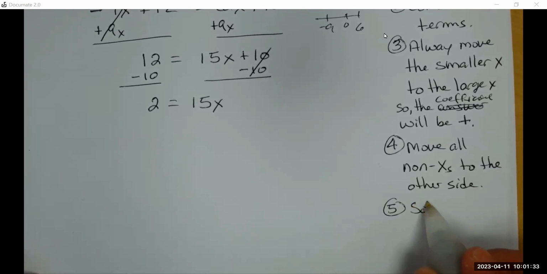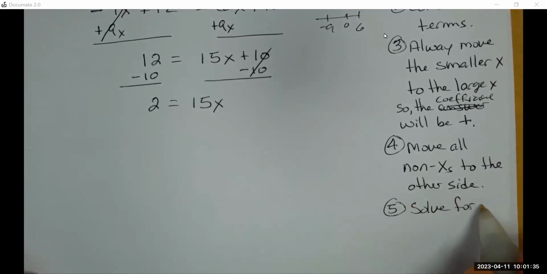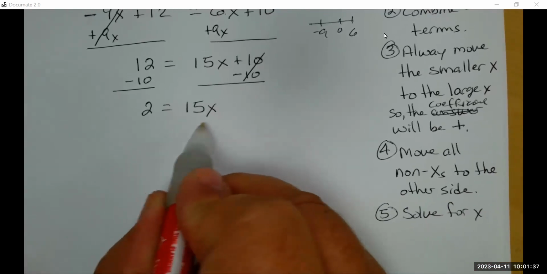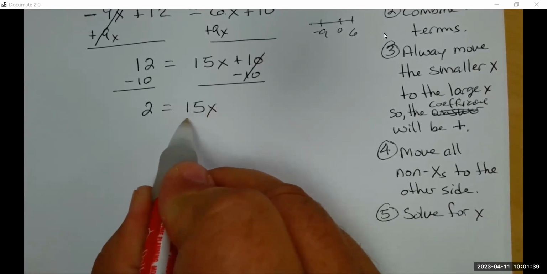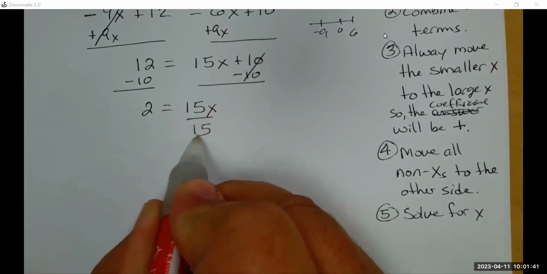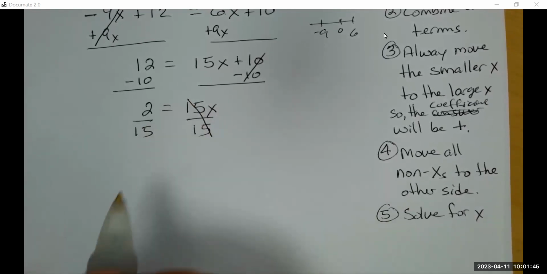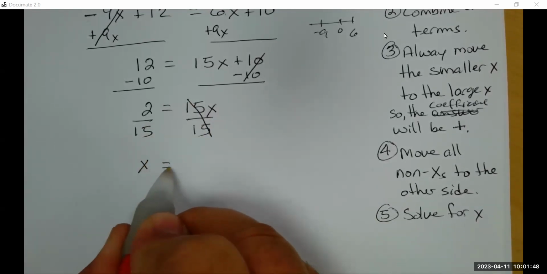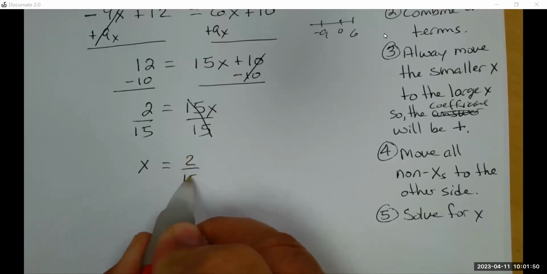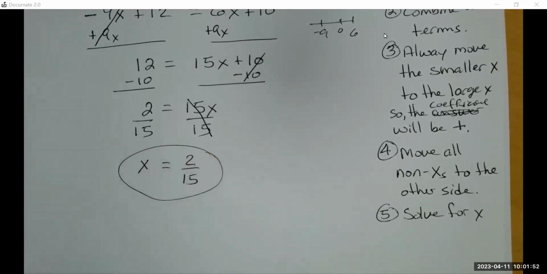Then solve for x. We have to get rid of the 15. Since it's multiplied, we have to divide, the opposite. 15's cancel. We have x equals 2 over 15.